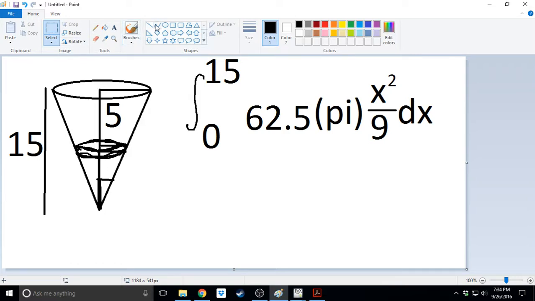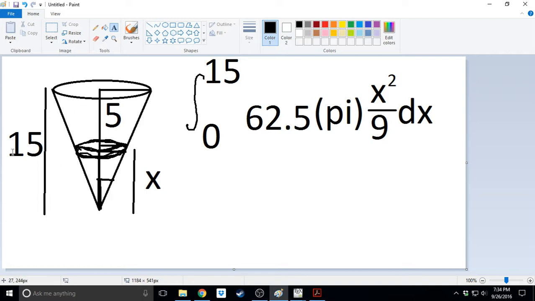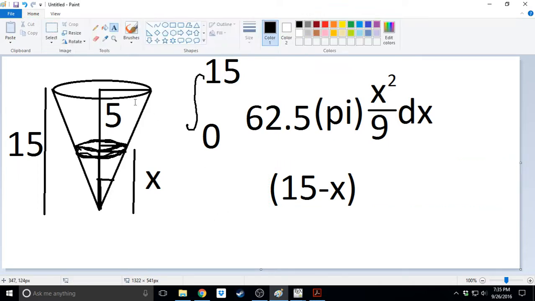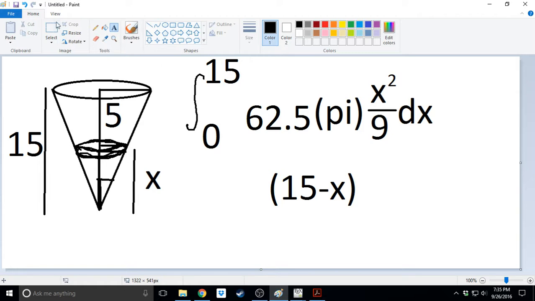And since we know that this is x away from the bottom, we know that the distance from the top is 15 minus x. So all we have to do is multiply what we have by 15 minus x, and that will give us the weight times the distance, which will give us exactly what we were looking for, the work.